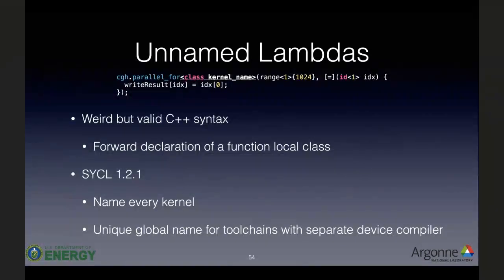And this is required for SYCL 1.2.1. You have to name every kernel. The big reason for that was you needed a unique global name for tool chains that had a separate device compiler, if you're doing multipass with different compilers, because there isn't a name for lambdas. There's no guarantee of a unique name.